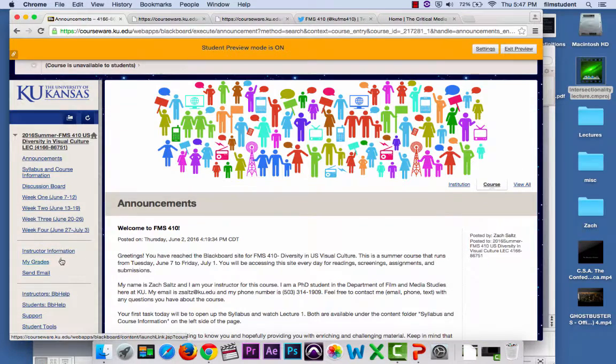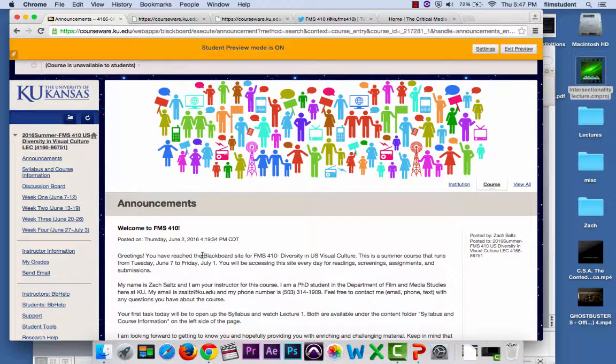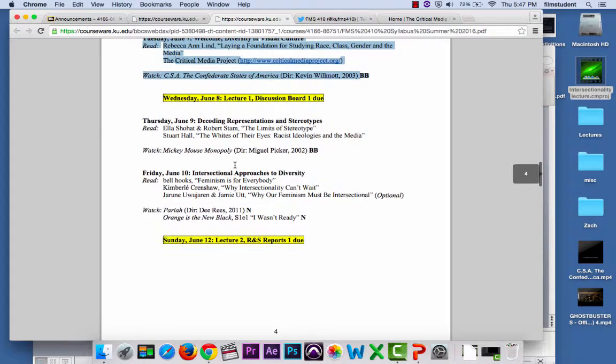Keep in mind that we are going to be going at a pretty quick pace. So it's really important that you stay proactive, that you designate blocks of time to watch and read. I guarantee you, these are worthwhile screenings and worthwhile readings. With the readings, I've tried to stay within about a 20-page limit, 20 to 25 pages, give or take. Sometimes that changes.